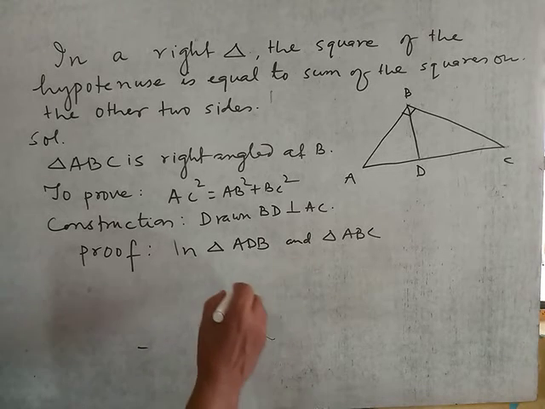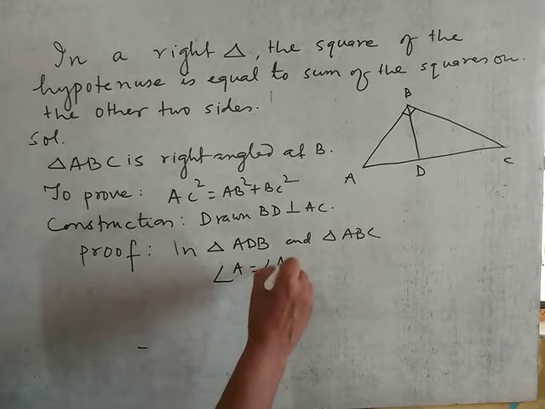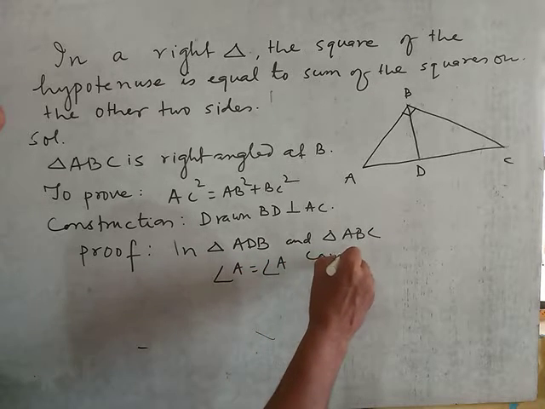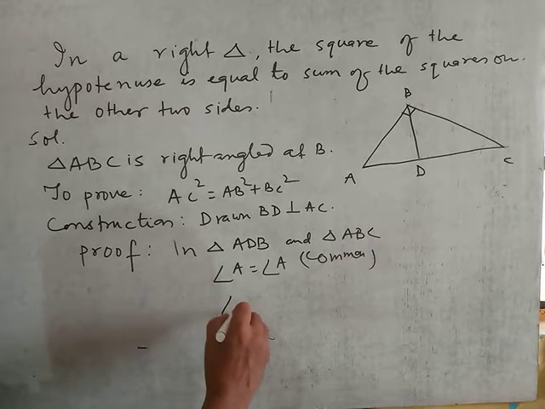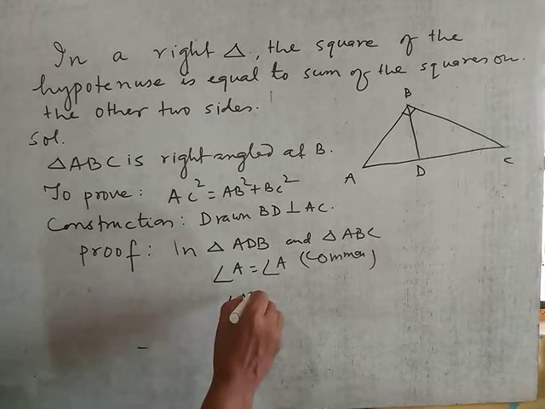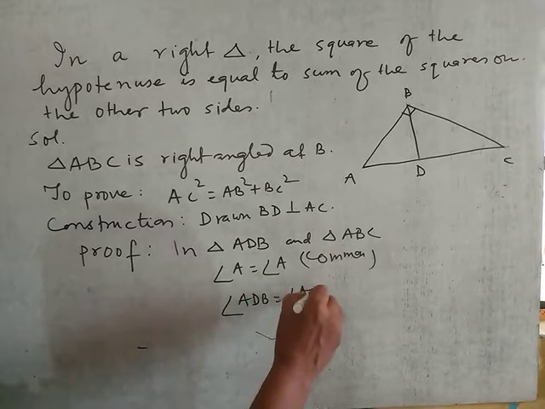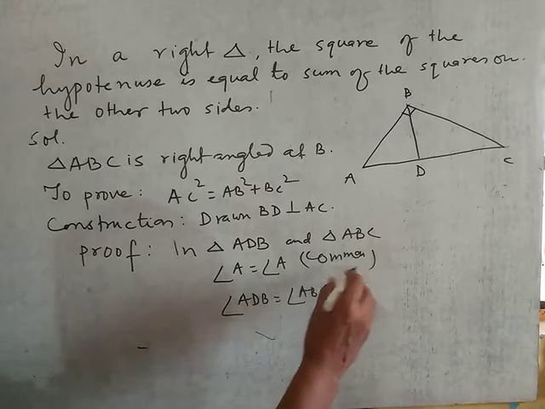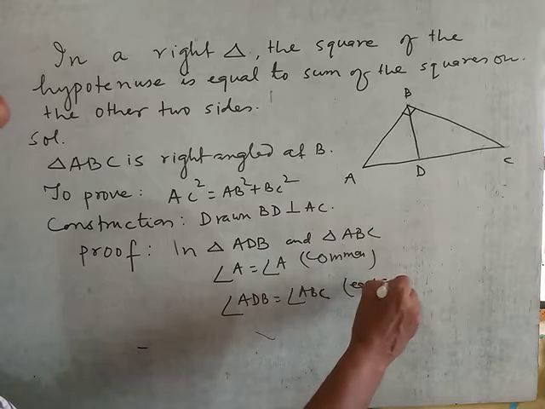Now angle A is equal to angle A. It is common. And angle ADB is equal to angle ABC, each 90 degrees.